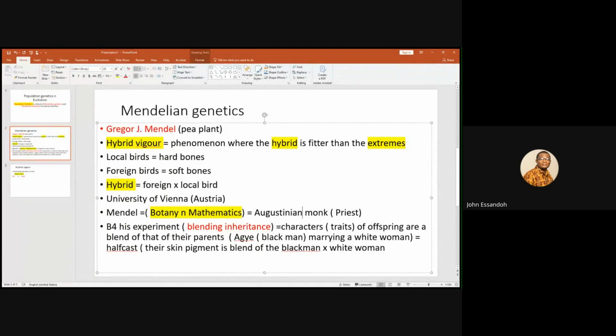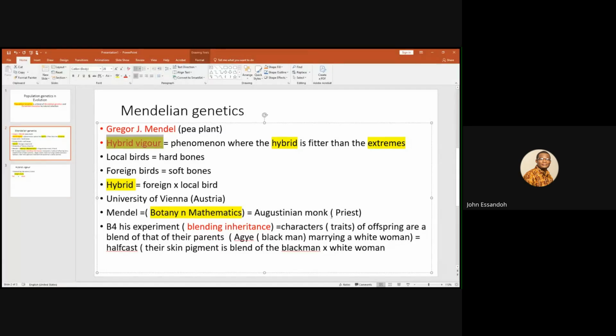So this Augustinian monk at the Royal University of Vienna was studying botany and mathematics, and he was brought on board by his professor to come and study hybrid vigor.